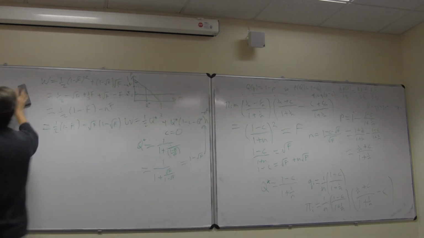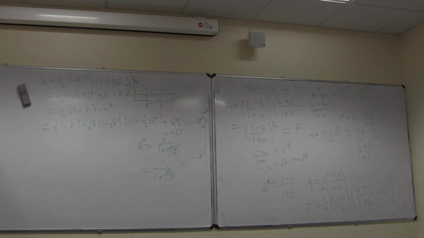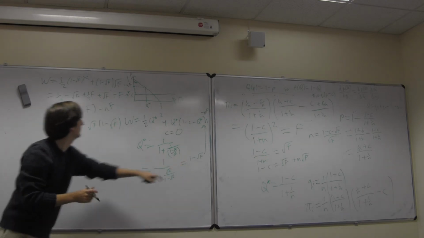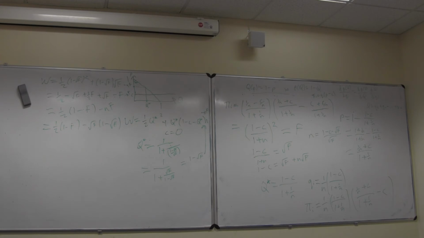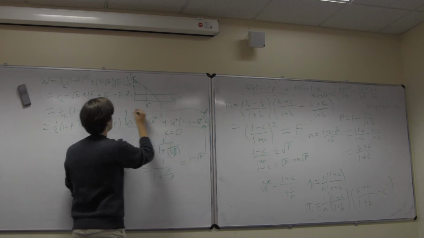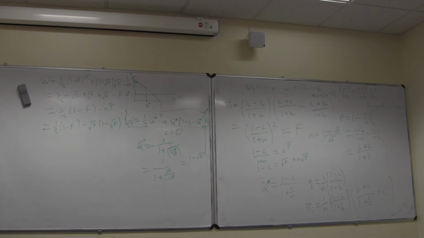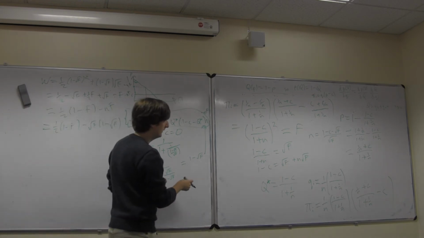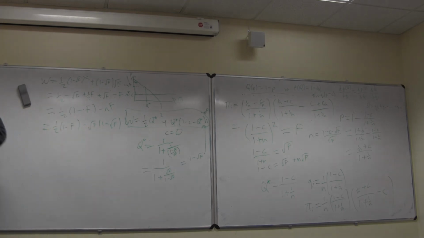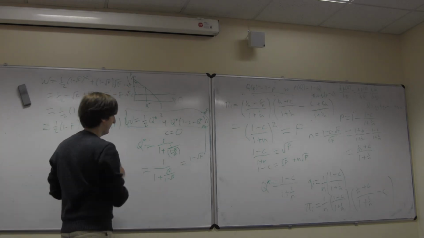Now let me write it again, so it's clear what we're doing. We said welfare was half q star, which came out as 1 minus root f. So it's half 1 minus root f squared, plus q star times 1 minus q star. Q star again was 1 minus root f, so 1 minus root f times 1 minus that, which is just root f, minus n times f.